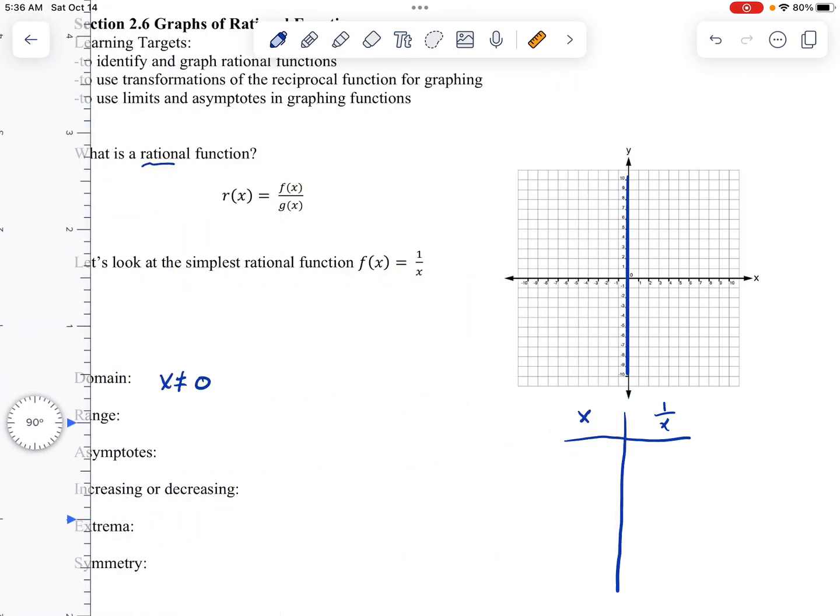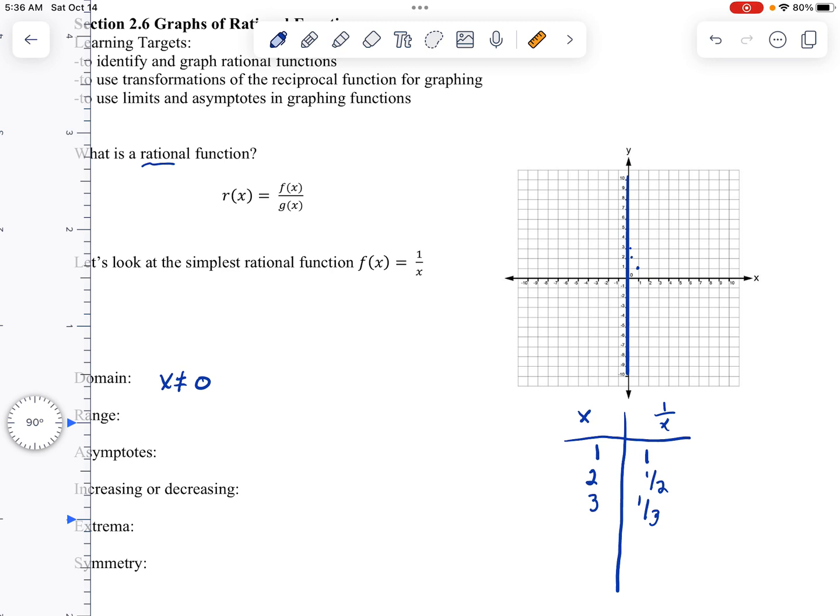And now let's look at some points. When x is 1, y is 1. When x is 2, y is 1/2. When x is 3, y is 1/3. And notice it's going to get closer and closer to the y-axis, but it's never going to be able to reach.